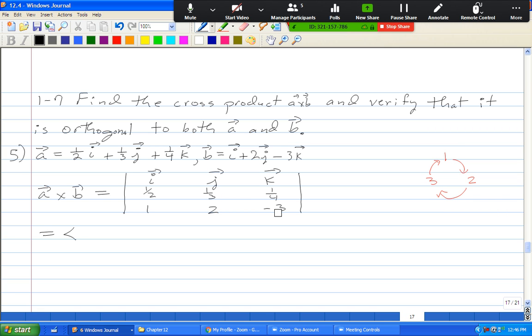So 1/3 times negative 3, minus 2 times 1/4.